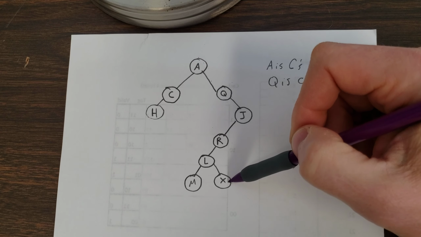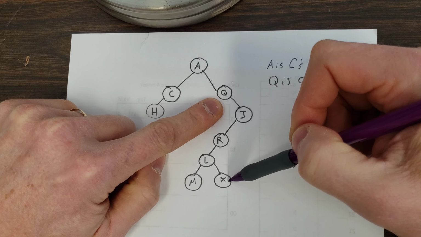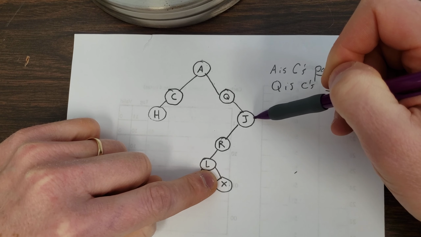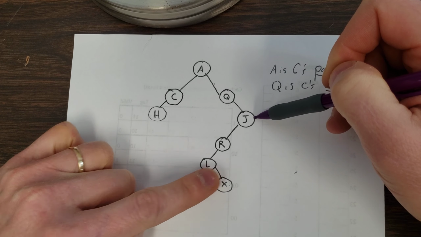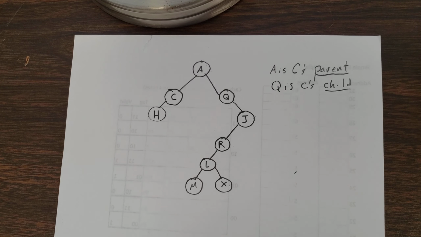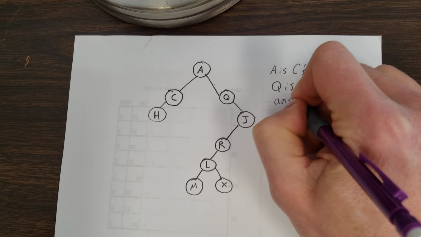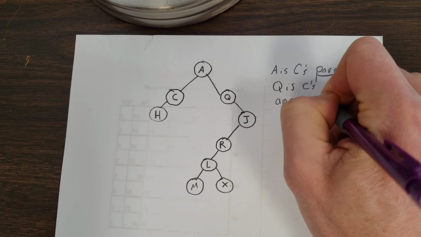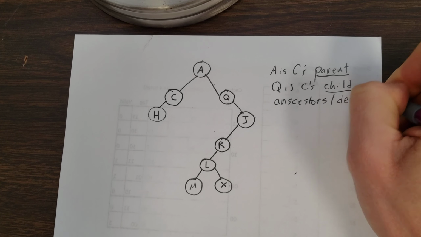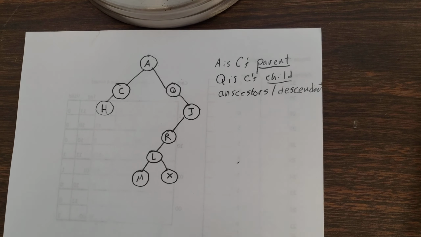So for example, one of X's ancestors is Q. Or you can say for J, L is J's descendant, here a grandchild, but that there's something down the tree, well, any of these in that subtree would be a descendant. So we've got ancestors and descendants.